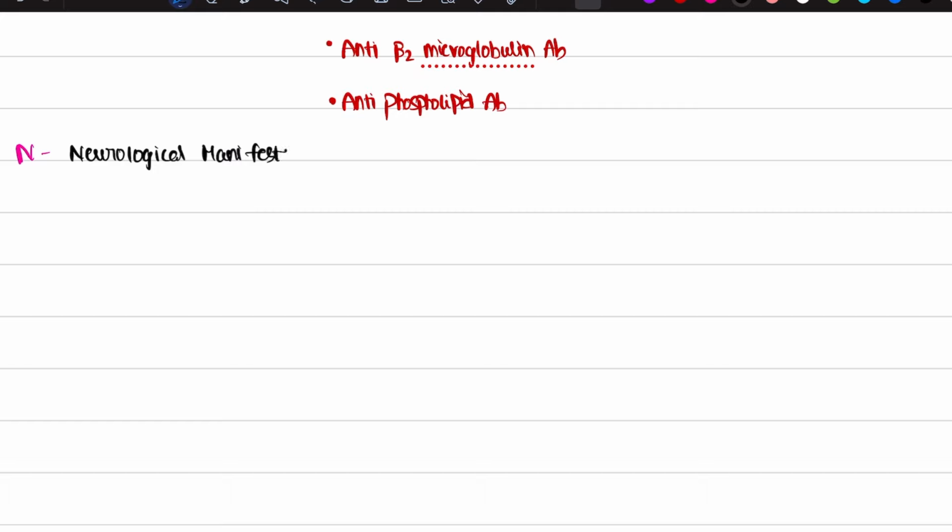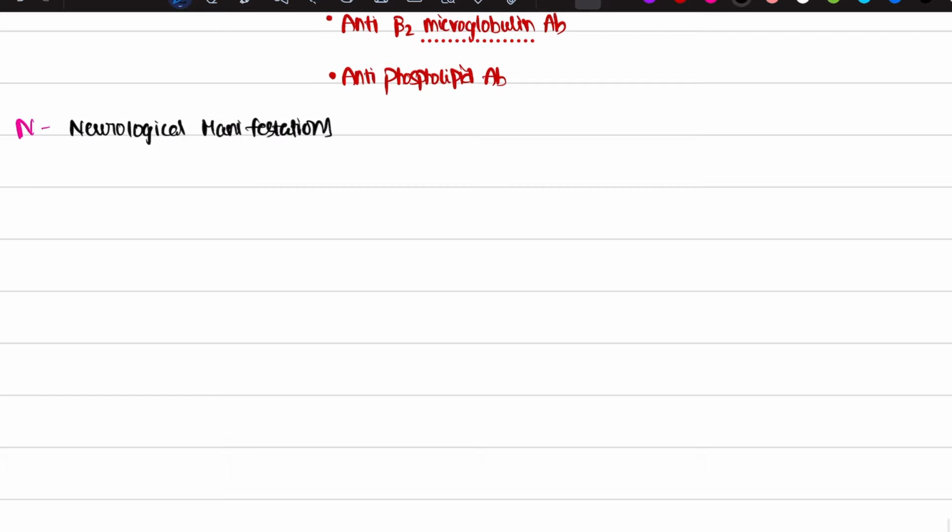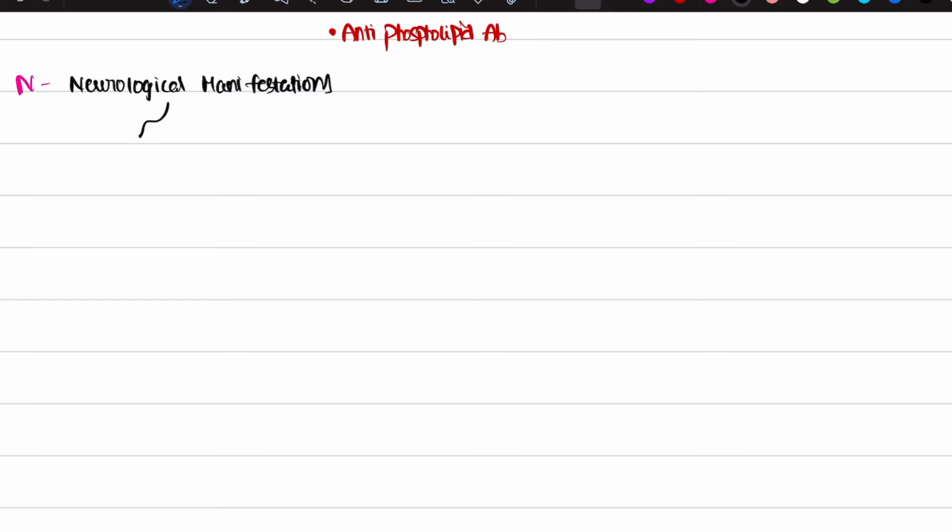In neurological manifestations, the first one is psychosis. In SLE, patients complain of psychosis, and on the other hand it also causes cerebritis.